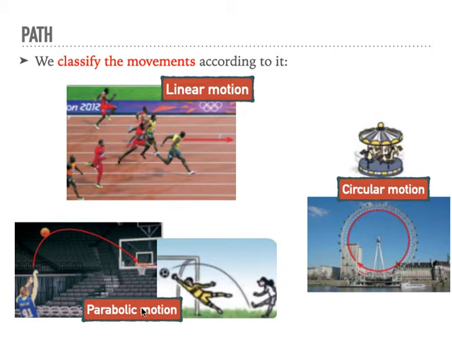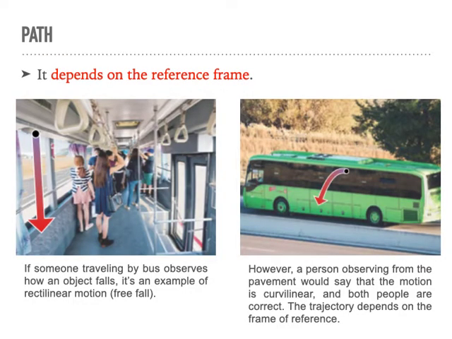Again, you will see it in first of bachillerato if you're still in science. And if the path is a circle or a circumference, we say it's a circular motion. So it's really important how the path is, the shape it takes. But of course, everything depends on the reference frame, so path also.